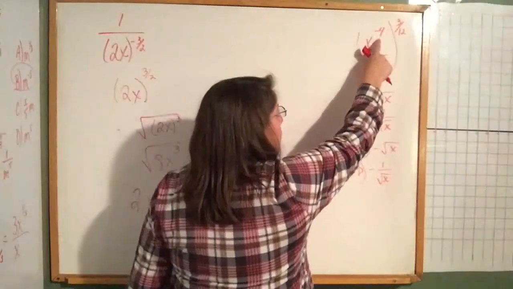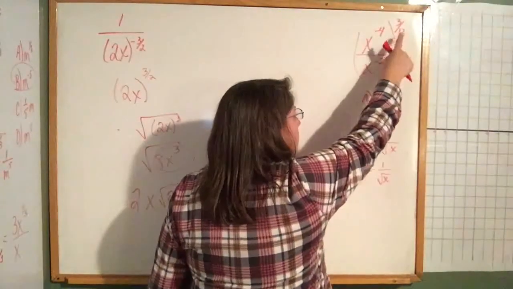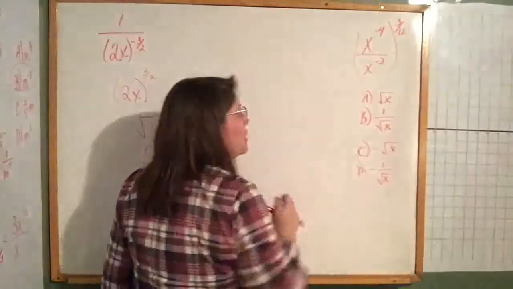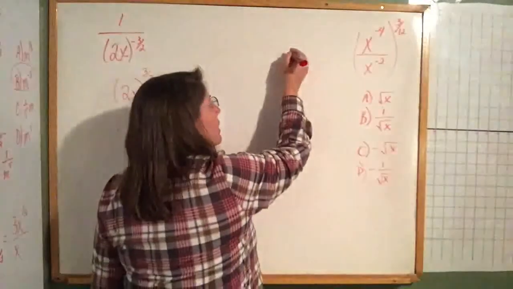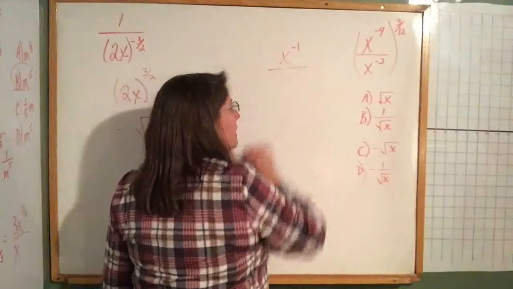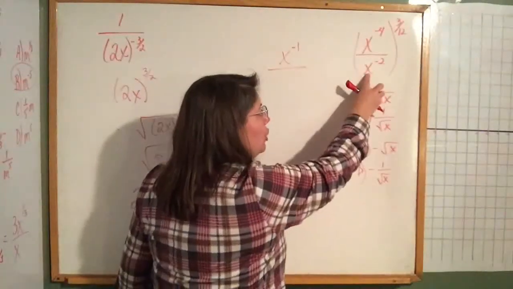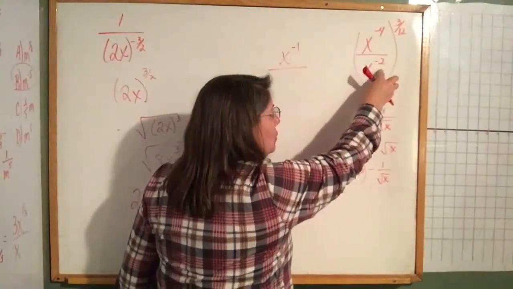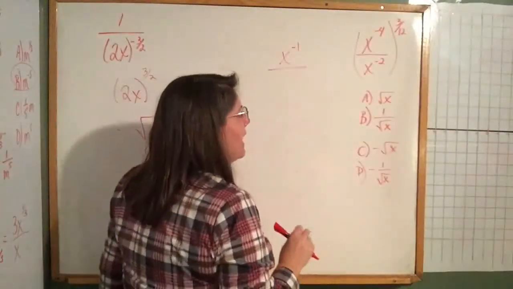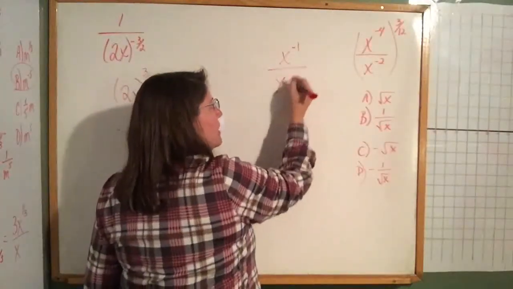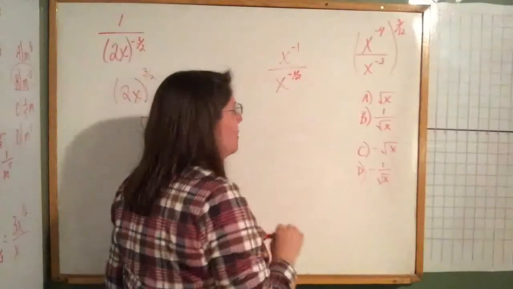So negative 4 times 3/12 would be negative 12 over 12, or negative 1. And then x to the negative 2, negative 2 times 3/12 would be negative 6/12, which is the same thing as negative 1/2.